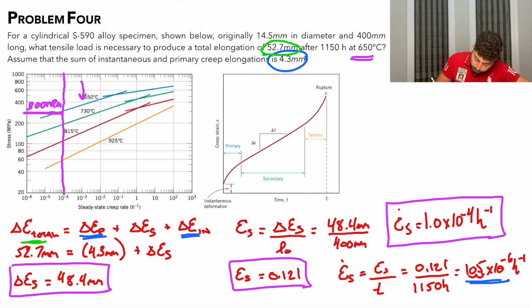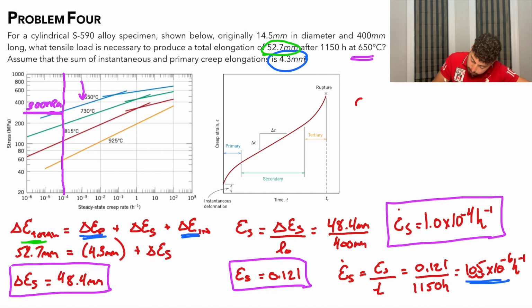Now we can say that our stress is equal to force over area, and then solving for our force, force is equal to stress times area. So our force is equal to 300 megapascals times pi d squared over 4, where our diameter is 14.5 millimeters.